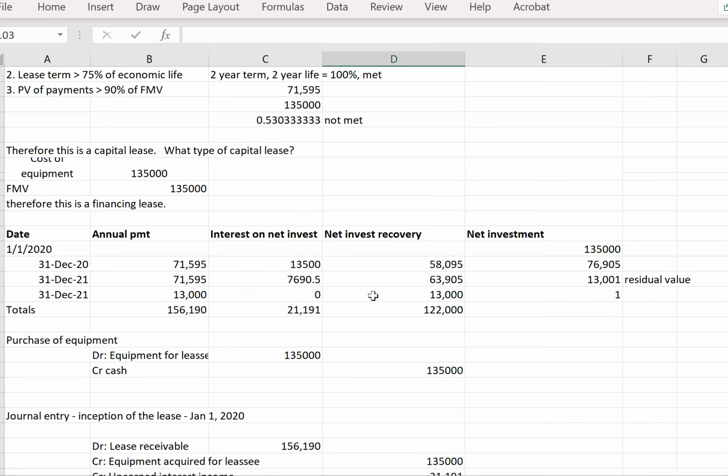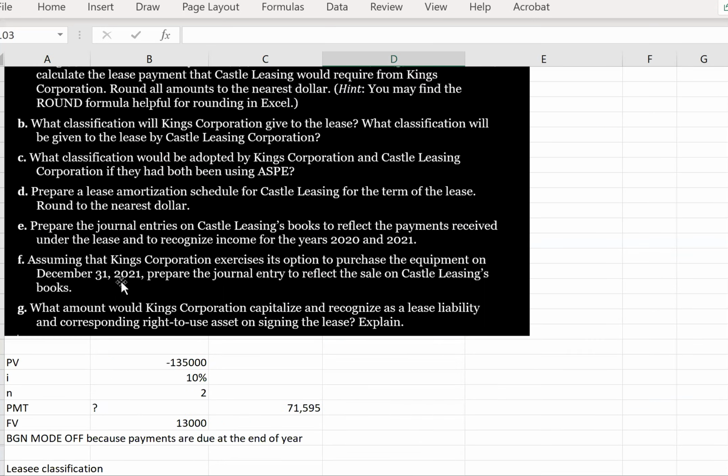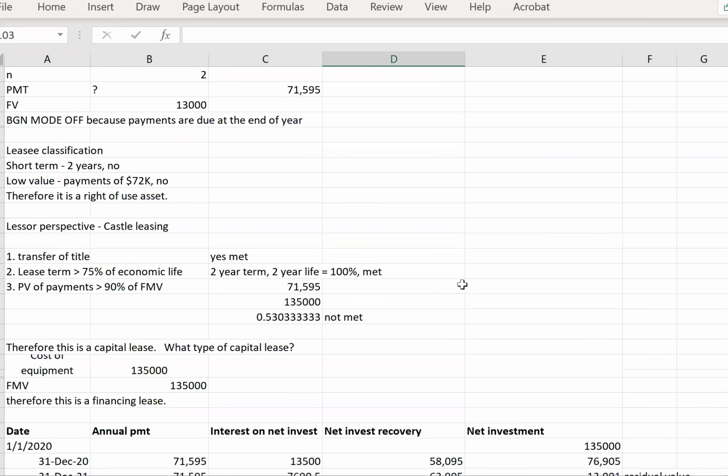Let's see what else we've got in this question. So we did all the payments, assuming that King's Corporation exercises its option to purchase the equipment, prepare the journal entry to record the sale of the equipment.